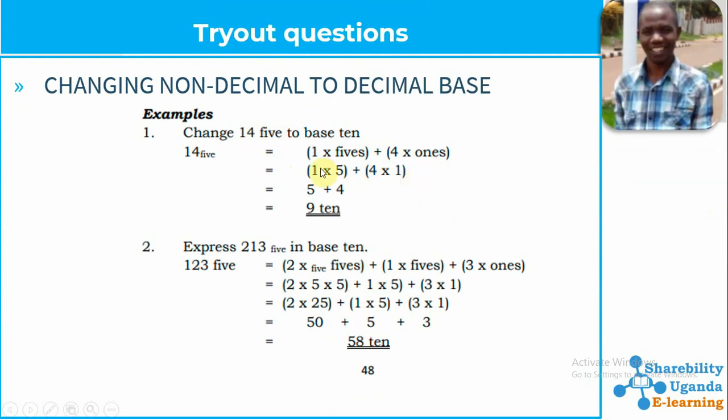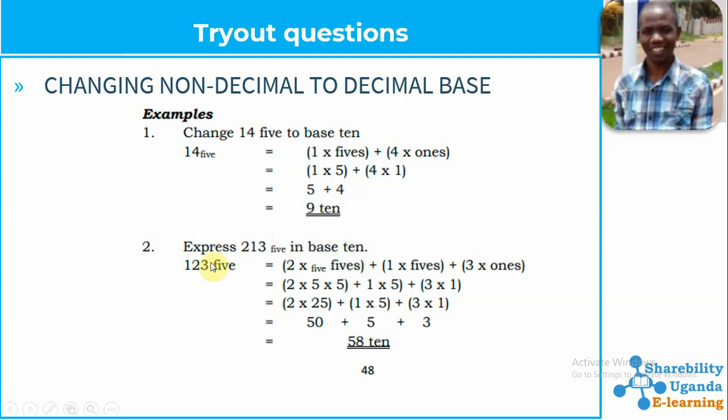When we multiply, 1 times 5, then 4 times 1, we get 5 plus 4. Then here we shall get our 9.